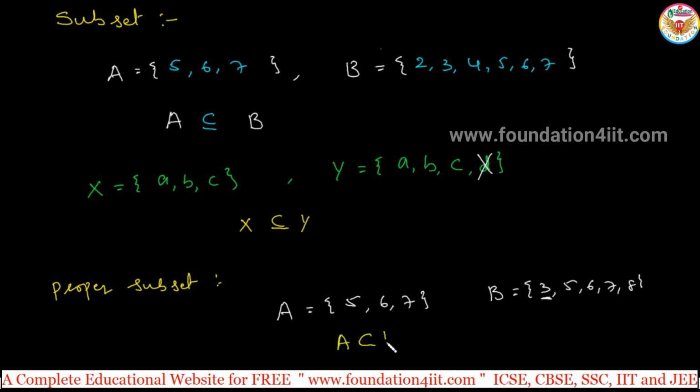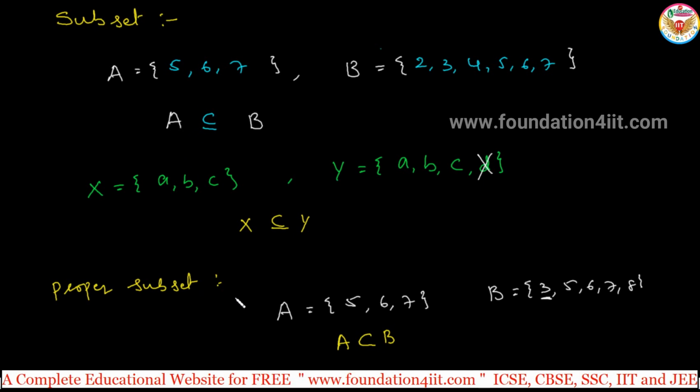Only the symbol differs. For subset you use this one, and for proper subset one more line down. Every proper subset we can consider as a subset. So proper subset means at least one extra element in set B.